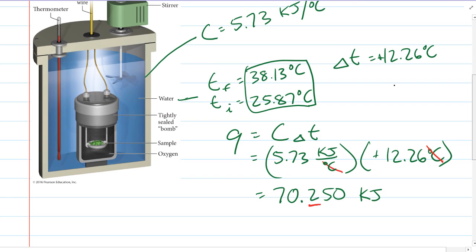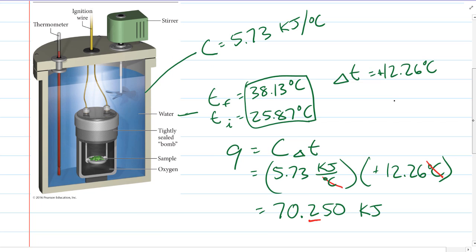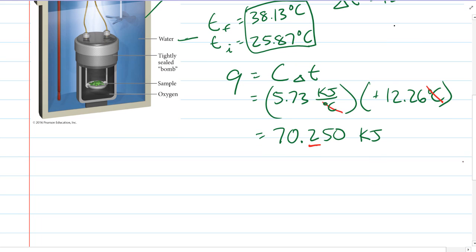Now, of course, this is the Q value for the calorimeter. Remember, the calorimeter is a part of the surroundings. We don't want to know the Q value for the surroundings. We want to know the Q value for the system. So remember that the Q value for the system is equal to negative the Q value of the surroundings.